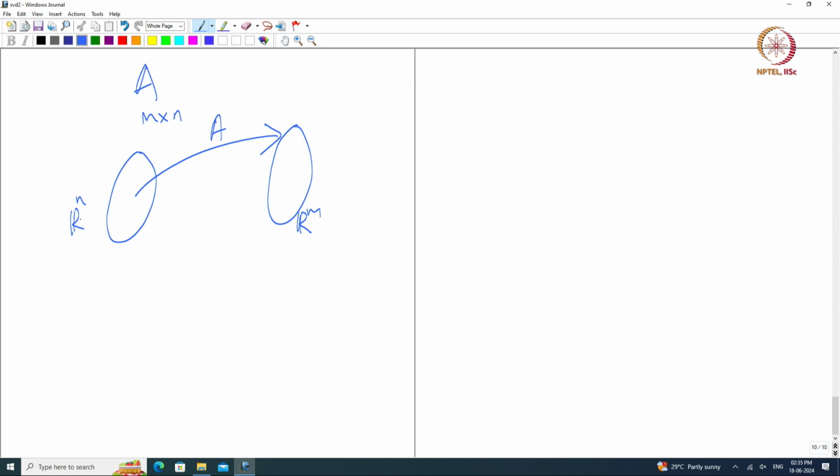Let us say these vectors are x1, ..., xn. What does A xi give? It is basically something that belongs to Rm, whereas xi belongs to Rn.